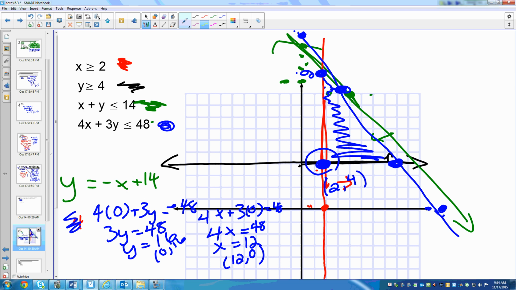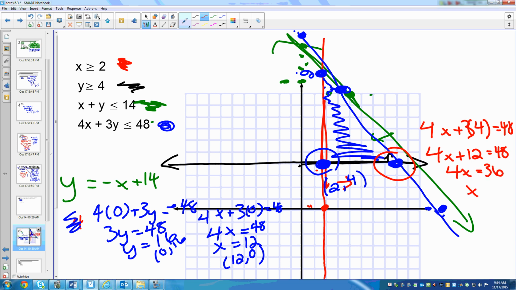Okay? So if I'm looking at this next point right here, it's where the black and the blue line hits, right? I'm going to do substitution. 4x plus 3, and then I'm going to substitute my y value of 4 here, equals 48. So 4x plus 12 is equal to 48. Subtract 12, 4x is equal to 36.